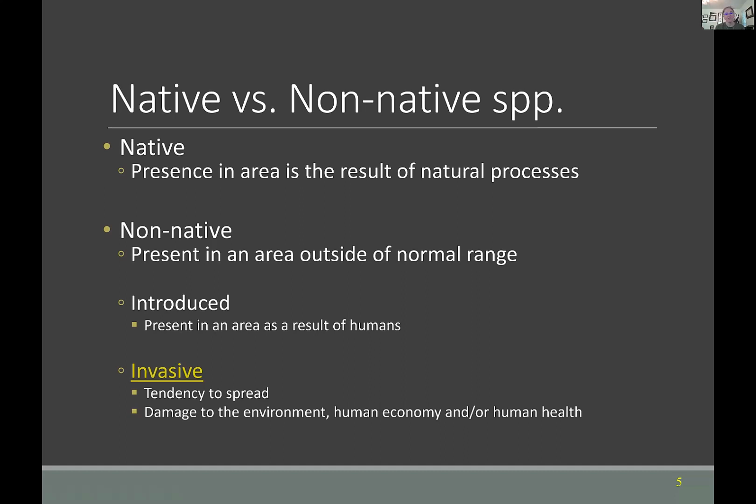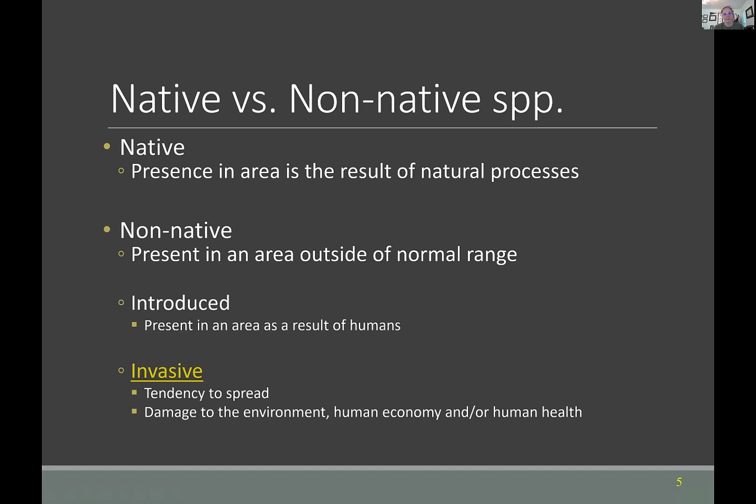Non-native are individuals or species that have come from outside of the normal range into those given areas. Now, the term non-native doesn't say how those organisms moved into those different areas.